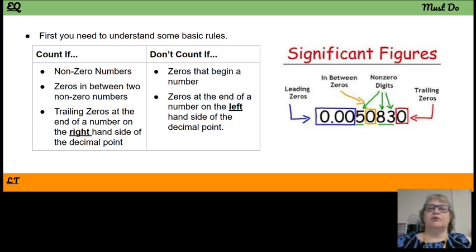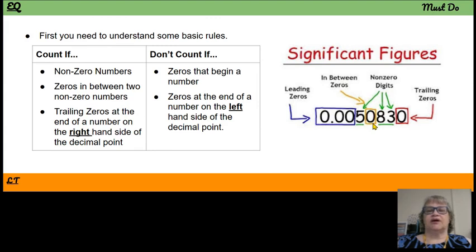But once we put a number after those, that's when it starts to get significant. So all non-zero numbers are significant. In ours, 5, 8, and 3 are significant. Zeros in between two non-zero numbers are significant, so our 0 right here is significant.